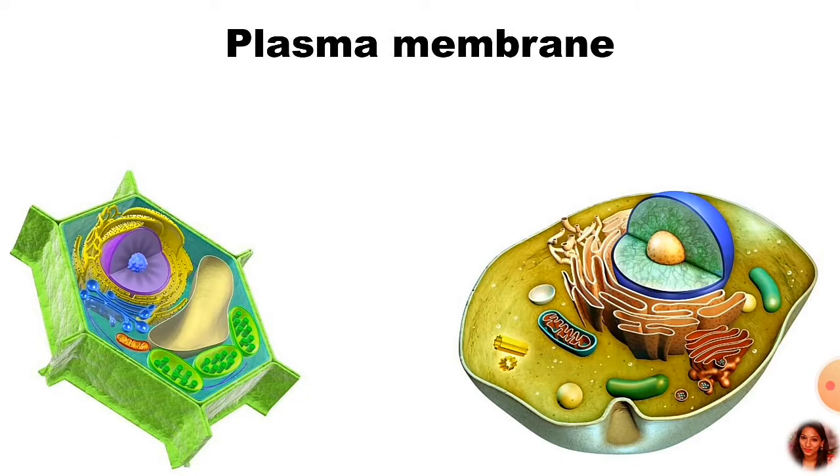Second is the plasma membrane. It is present in the plant cell, but in the animal cell it is not a complete intact membrane; there is only a very thin layer over the animal cell.